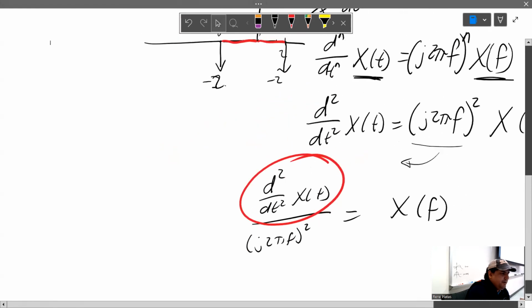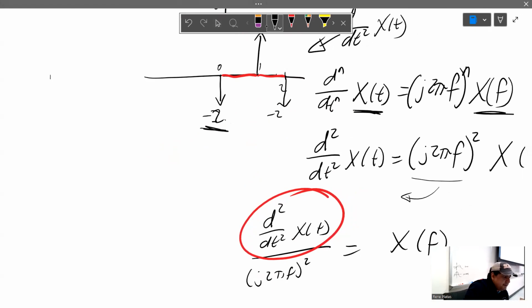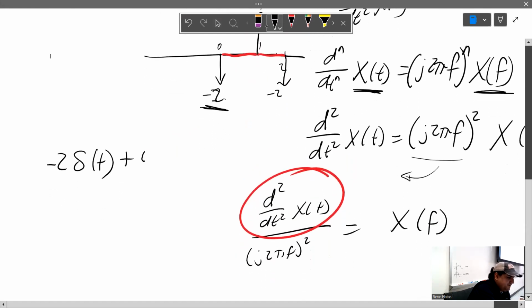So we have our pulses here. This pulse right here is at 0, and it's -2 delta(t), right? And then we have another pulse at 1 with an amplitude of 4, so it's 4 delta(t minus 1).